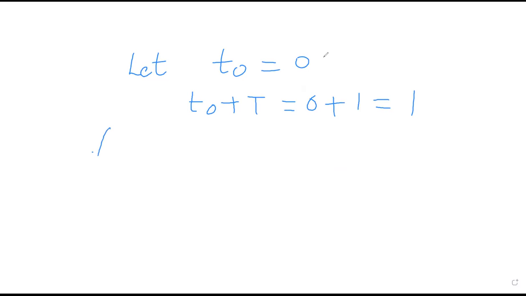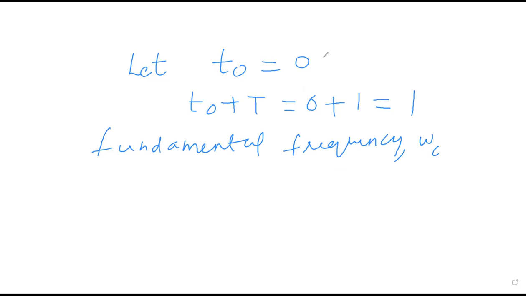And the fundamental frequency will be given by omega 0, which is 2 pi by T, which is 2 pi by 1, that is 2 pi. So the fundamental frequency is 2 pi. Hence now we can write the formula for the exponential Fourier series.